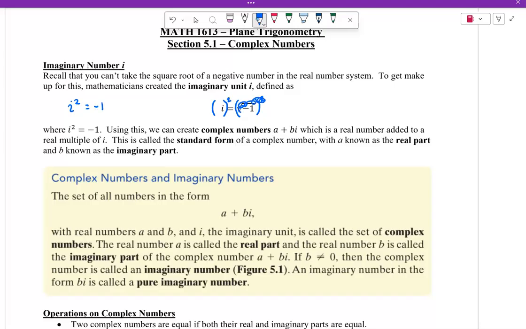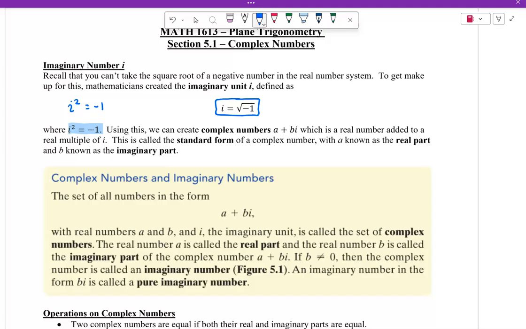You get -1. And you can actually see that right here. Those are the main two things that you need to remember. Maybe one more additional thing as we keep going in the lesson, but those are the main two things.